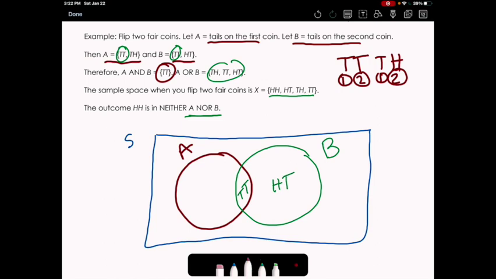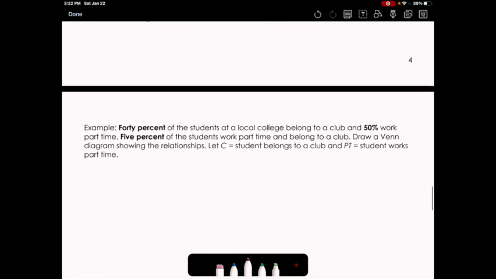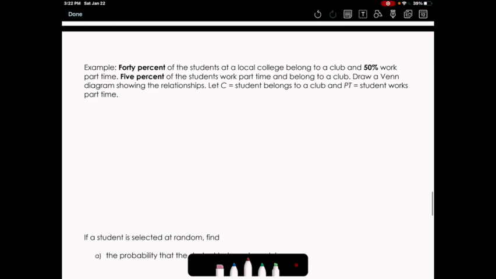And because TT was in both events, I want to make sure I put that where they overlap. The event A was tails and tails, tails and heads. However, heads and then getting heads again is in the sample space. It's an outcome. It's just not in event A or B. So we would write it somewhere here where it's not in one of those circles, but it still falls in that sample space.